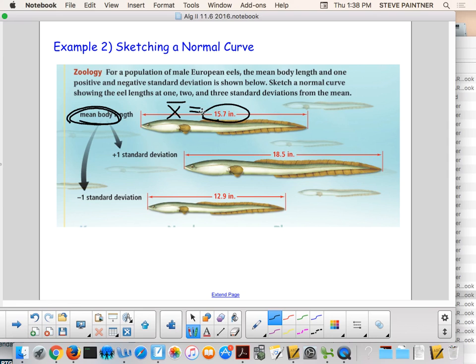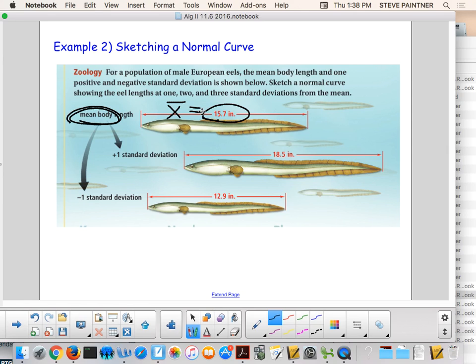This eel is 1 standard deviation bigger than the average. This eel is minus 1 standard deviation smaller. What they never told you was, what's the standard deviation? What number? Well, can we figure it out? I think we can.